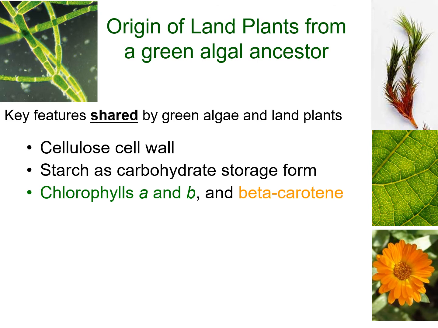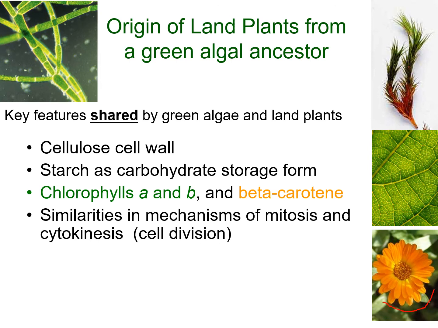But then we also have other pigments called carotenes, beta carotene, which is responsible for making things orange, like carrots, but also in petals of flowers here. These are shared between algae and the plants that evolve from them.